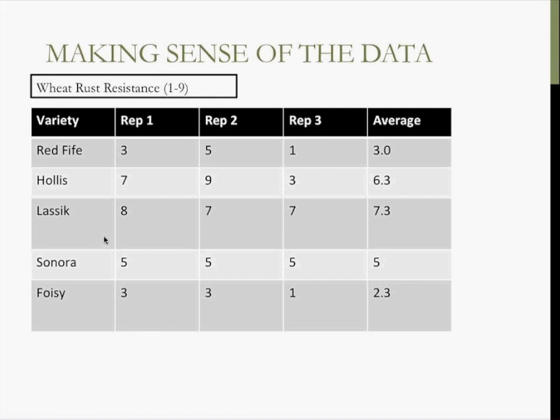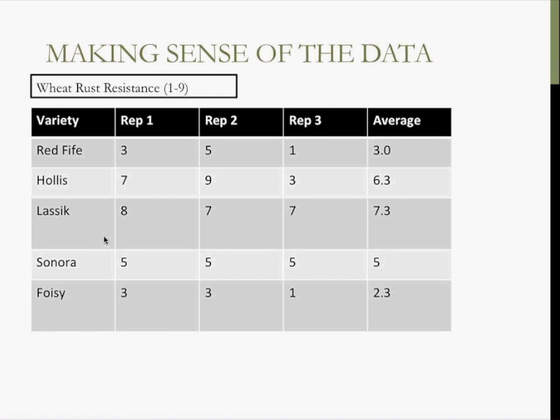Often you're looking at numbers on a spreadsheet along with your notes and your photographs and trying to summarize all of that. So let's take a look at some of the tools, with a focus on the numbers here. Let's use this as an example.